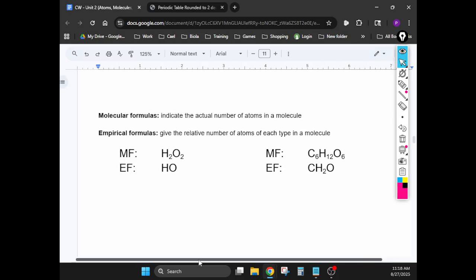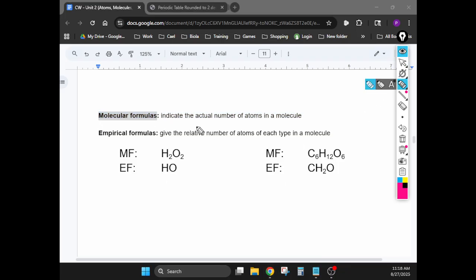The first is what we are used to, the molecular formula, which tells you the actual number of atoms in a molecule. It tells you exactly how many of each element there is inside that molecule. For example, hydrogen peroxide, H2O2, has 2 hydrogens and 2 oxygens. That's a molecular formula.